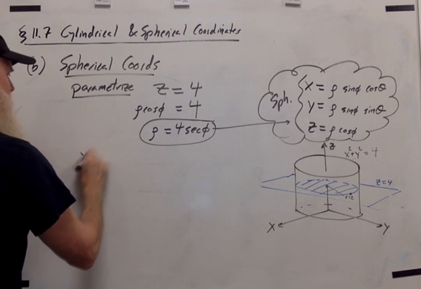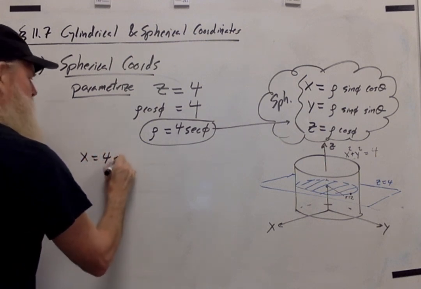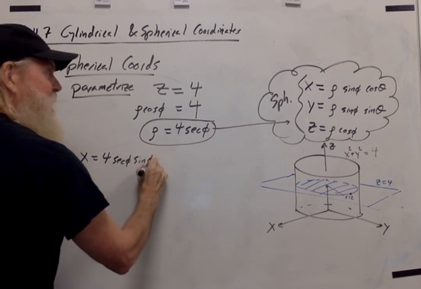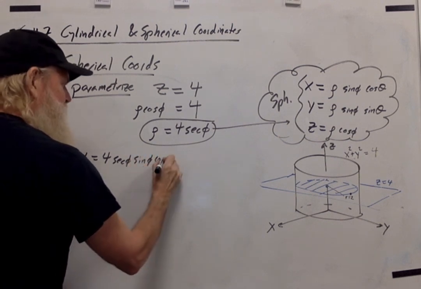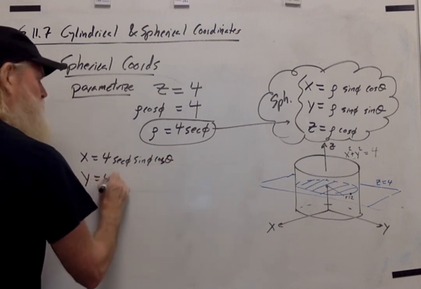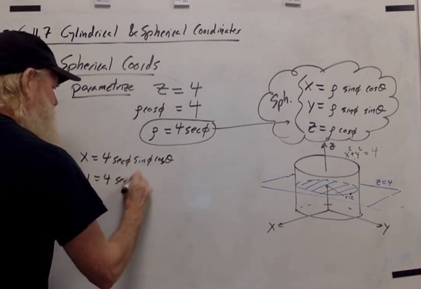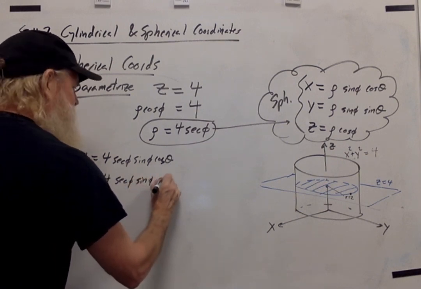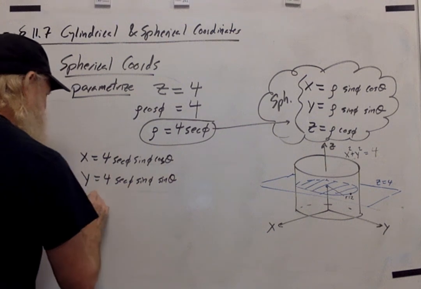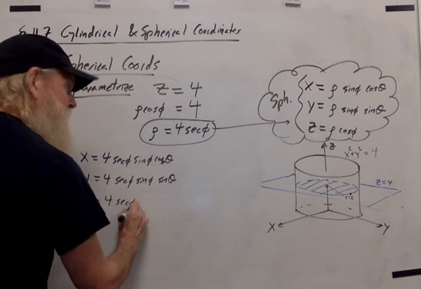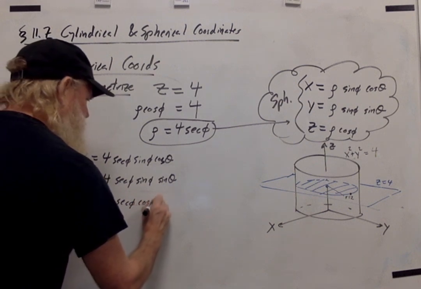If I do that, I get x equals 4 secant phi times sine phi times cosine theta. Y equals 4 secant phi times sine phi times sine theta, and z equals 4 secant phi times cosine phi.